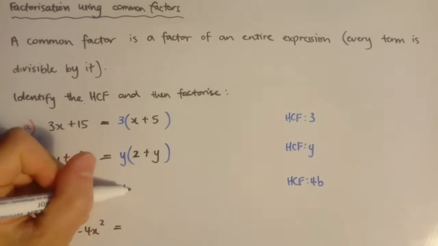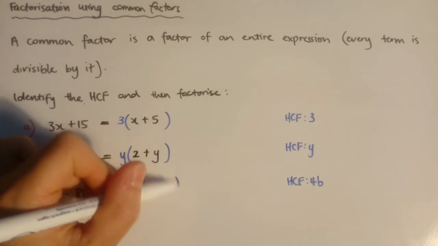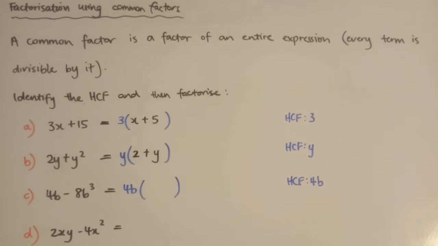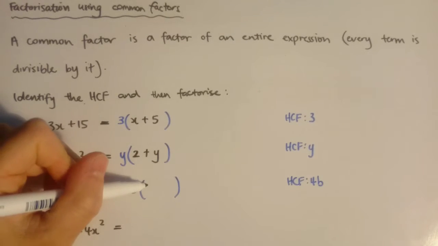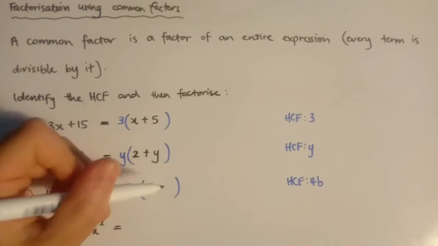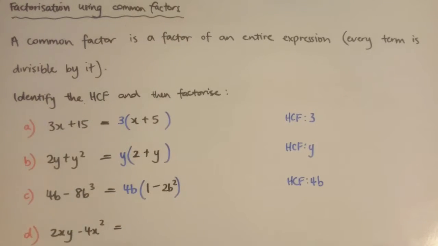So we can take out the highest common factor of 4b at the front of our brackets, and whatever's left goes inside. Quick check to make sure we've got it right. 4b times 1 is 4b. 4b times negative 2b squared is negative 8b cubed, so we've done that correctly.